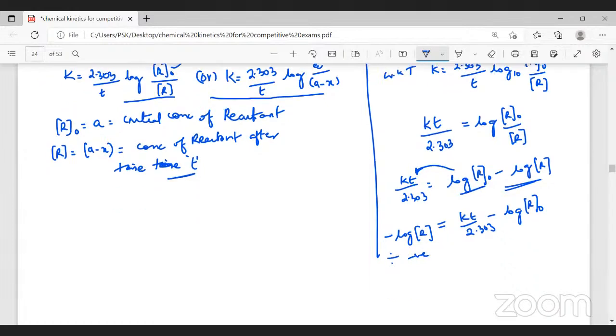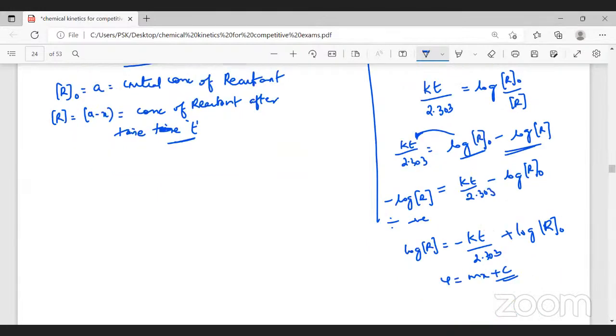When you divide this equation by a negative sign, what do we get? We get log R is equal to minus Kt by 2.303 plus log of R naught. This is in the format y is equal to mx plus c.